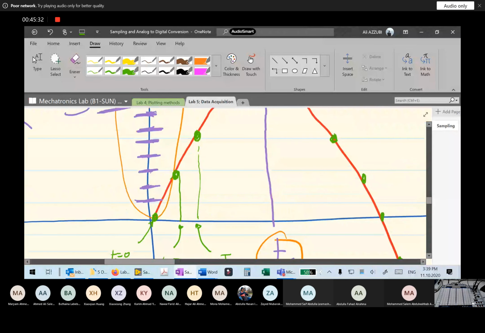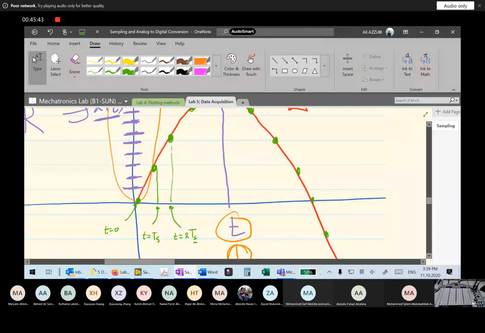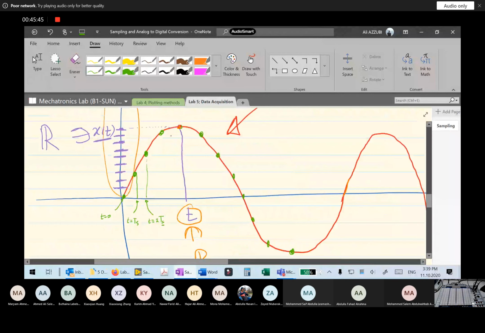So I am sampling my signal at a fixed interval equal to Ts, taking integer multiples of Ts. I'll explain why this happens in hardware.